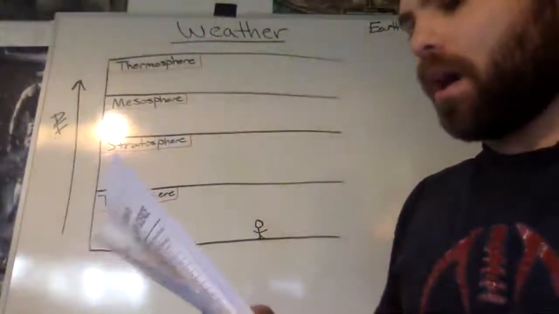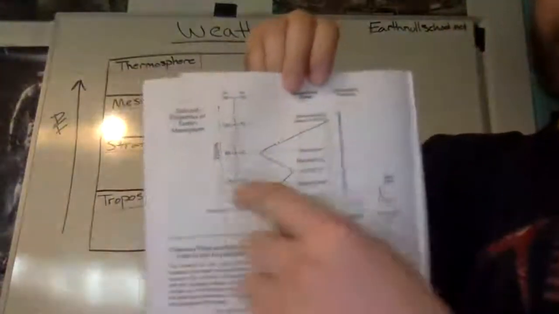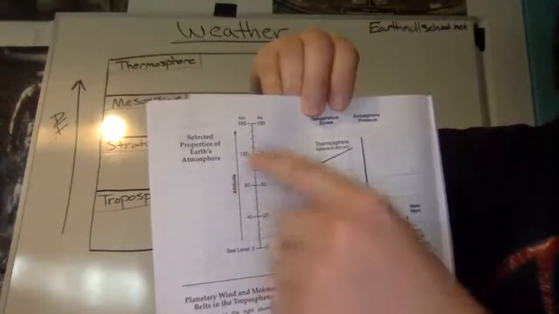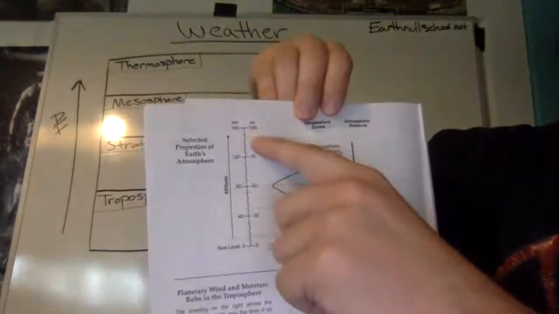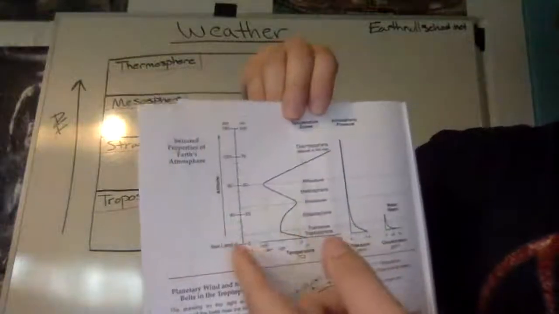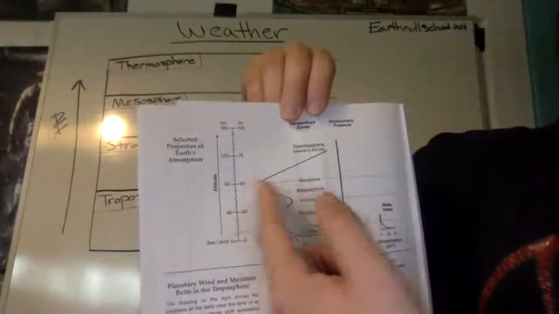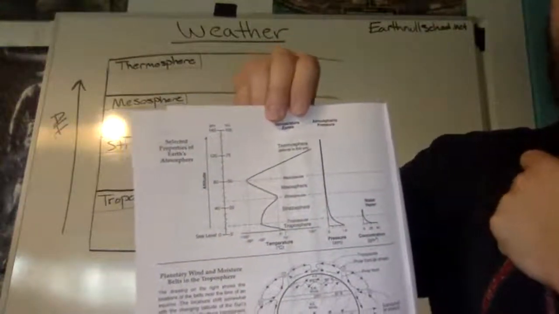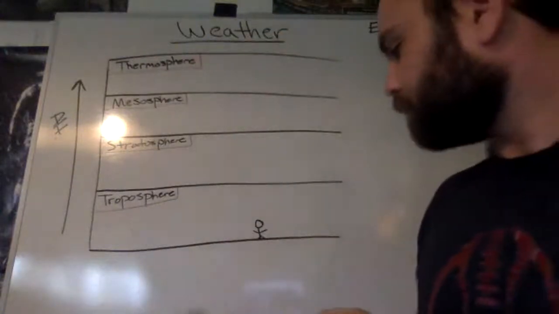You'll also notice it gives you the altitude in kilometers and miles, and it shows you where they both stop and start for each layer as you go up.